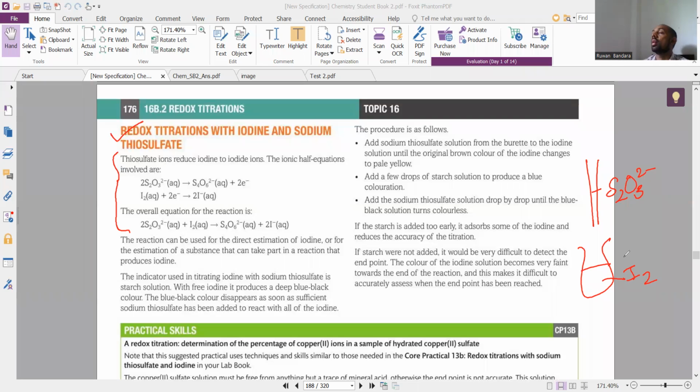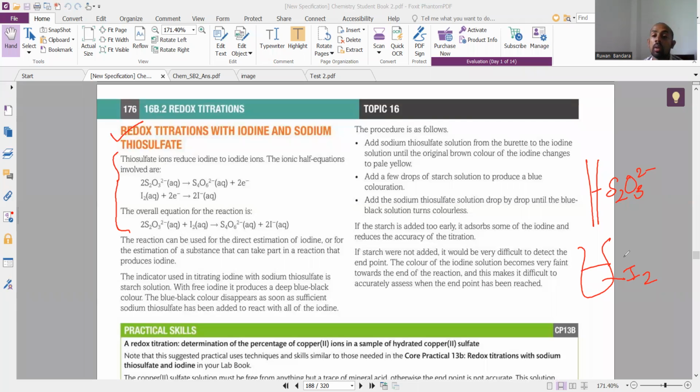That means in some reactions, it produces iodine. So from that, you can find the amount of iodine. From that ratio, you can find one of the reactants that produces iodine, and so on. You can do the calculation, right? So two uses. Number one, direct estimation of iodine, or estimation of a substance that can take part in a reaction that produces iodine.